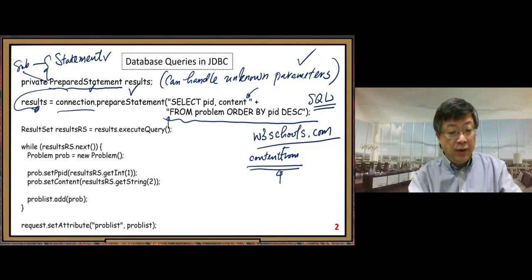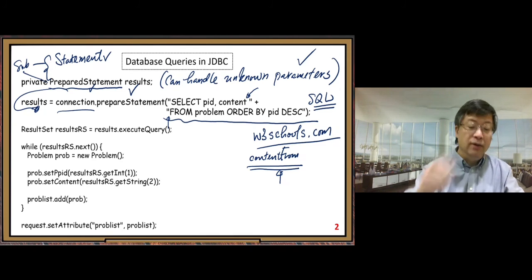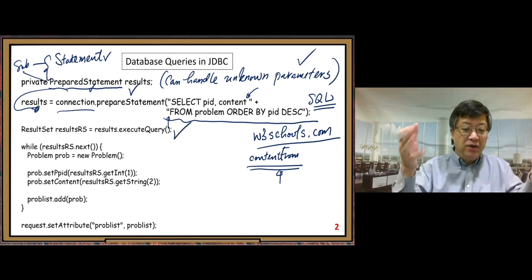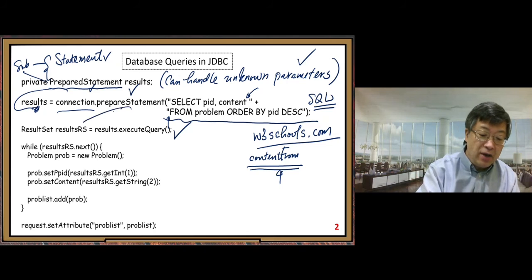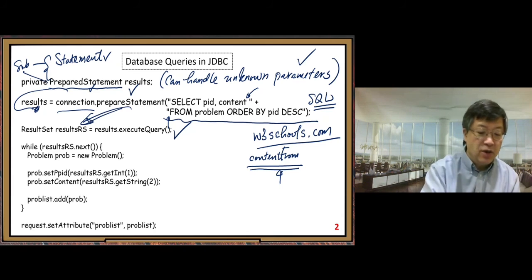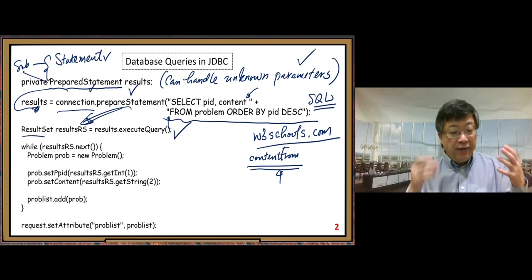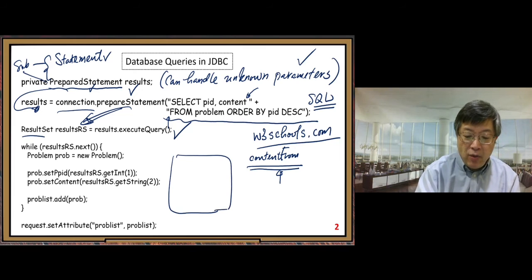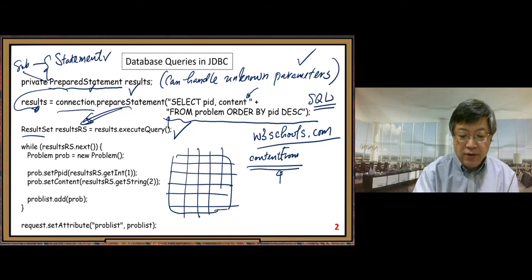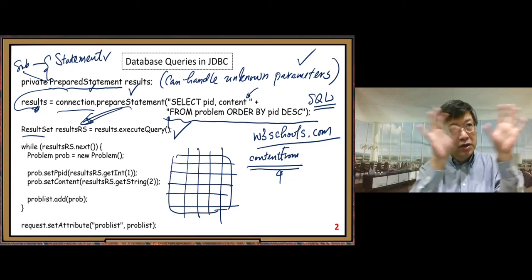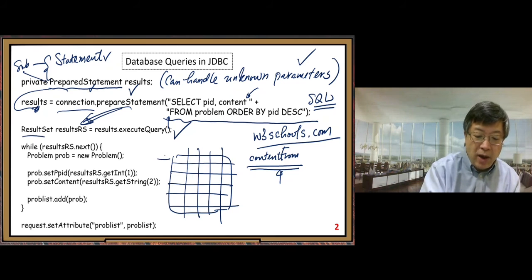Space. Next, now display the query result. You execute the query, then the result goes into this object, rs, called the result set object. The result is organized in a table with rows and columns, and you access it row by row.